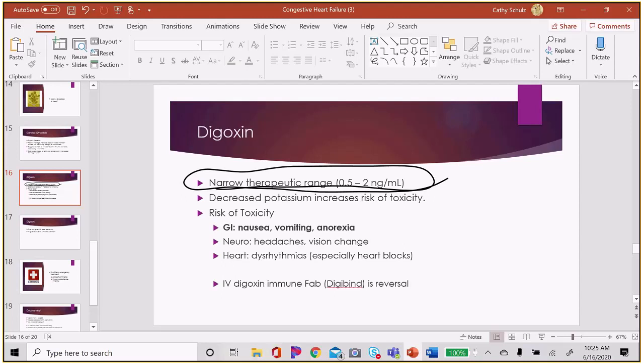But if we're too high, the patient will have all these potential toxicities and could die if they develop these bad dysrhythmias. So we have to be sure that they stay within this narrow range. The other thing is, students will sometimes look at that range, and they say you had a test question and it said that the digoxin level was 2. Would you give the medication?